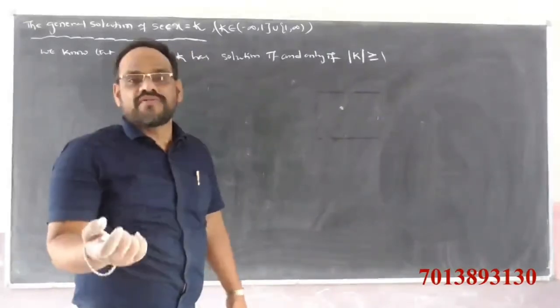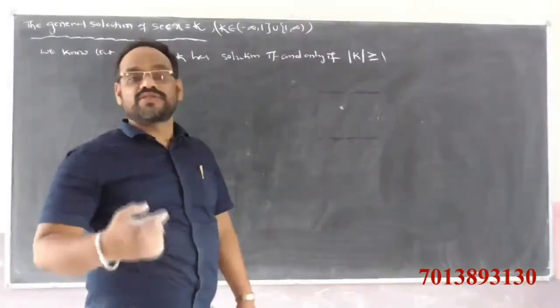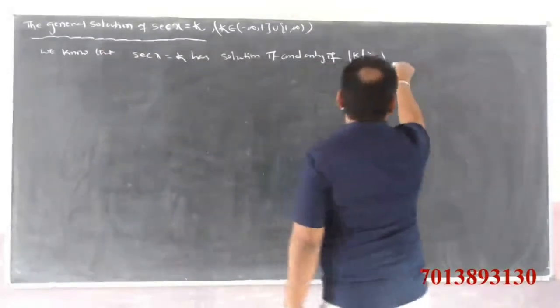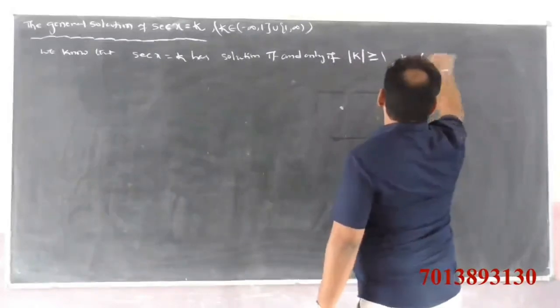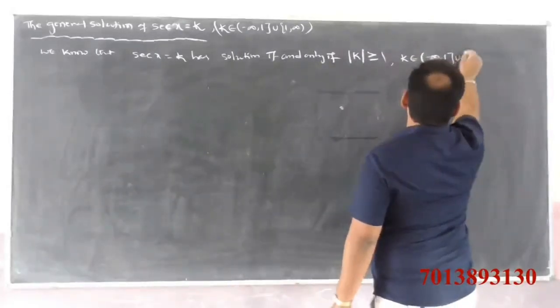If the absolute value of k is greater than or equal to 1, then secant x equals k has solutions. Otherwise, there is no solution. So k belongs to the open interval minus infinity to minus 1, closed, union 1 to infinity.